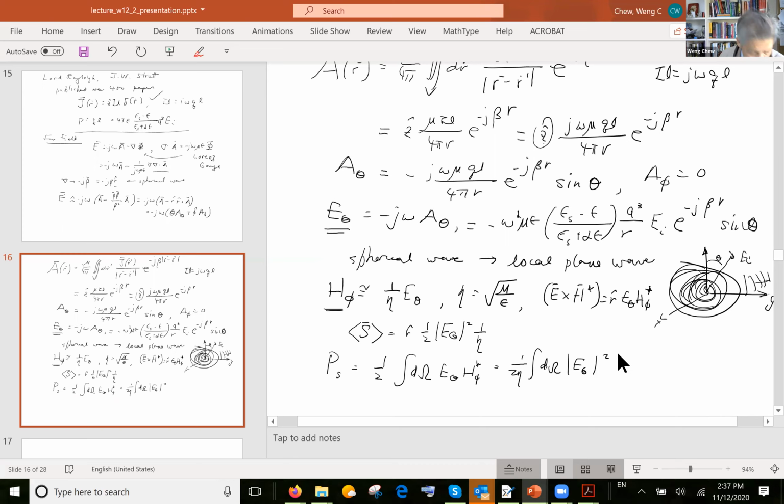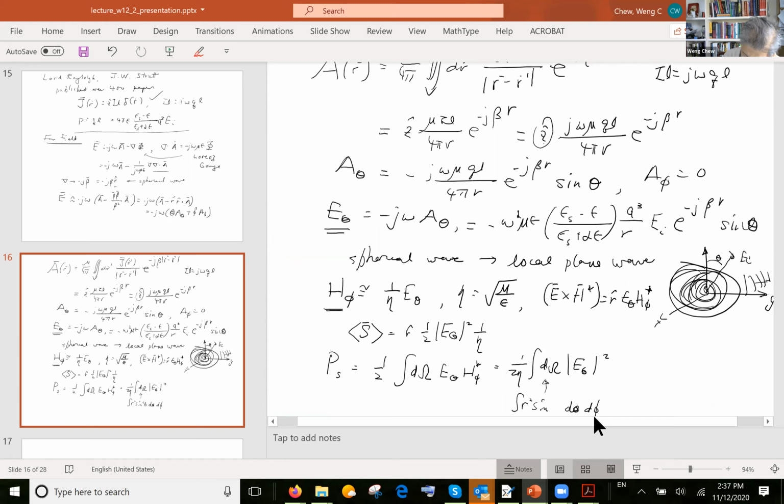The only technical difficulty is that you have to know how to do the three-dimensional integral over the angular sector. So this d omega, as you know, in spherical coordinate is r squared sine theta, sine square theta, d theta, d phi.